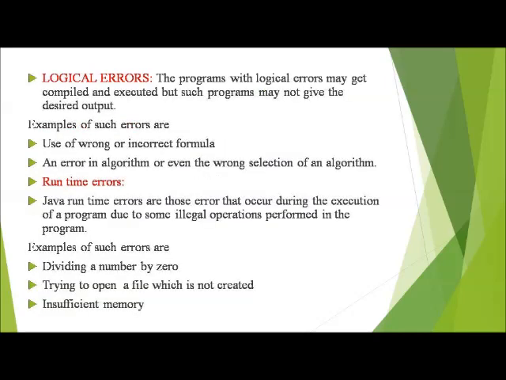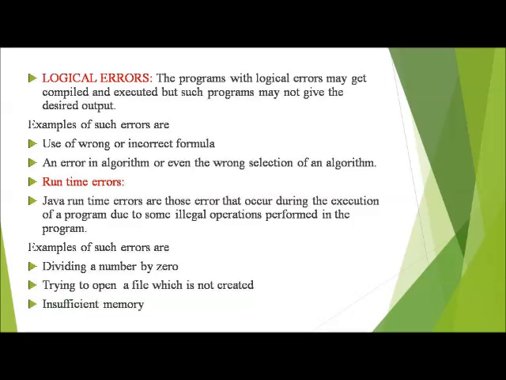Logical errors. The programs with logical errors may get compiled and executed, but such programs may not give the desired output. Examples of such errors are use of a wrong or incorrect formula, an error in the algorithm, or even the wrong selection of an algorithm.